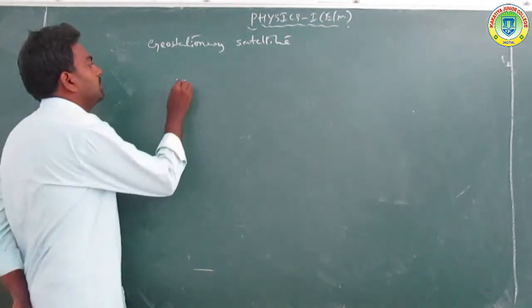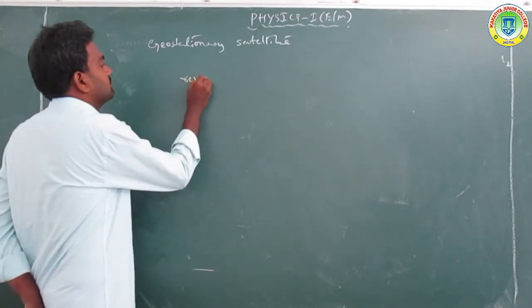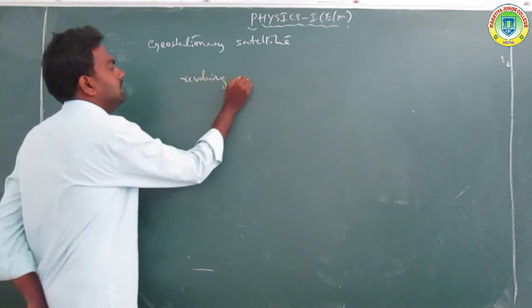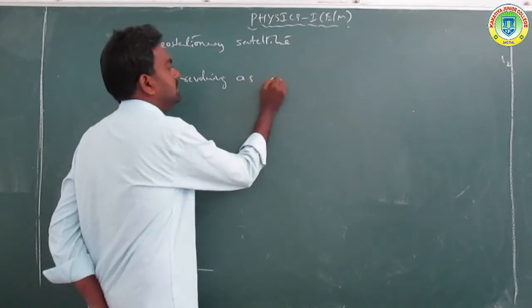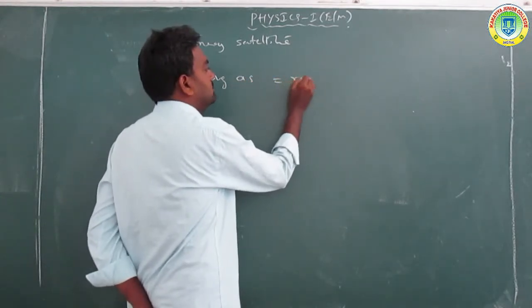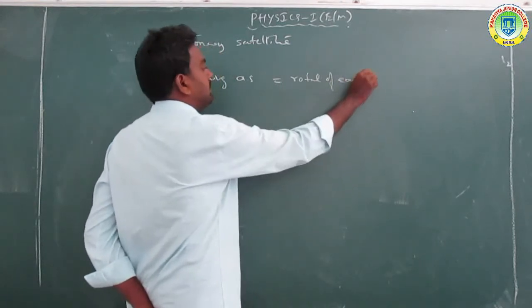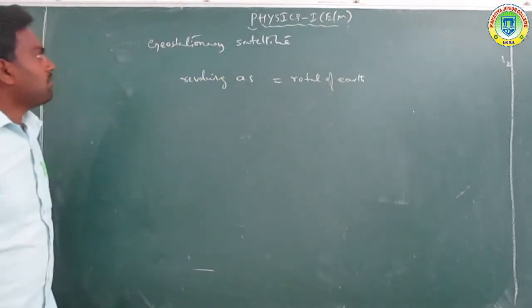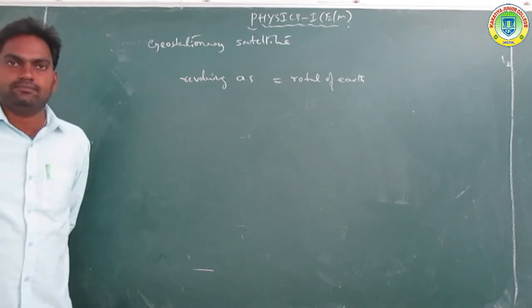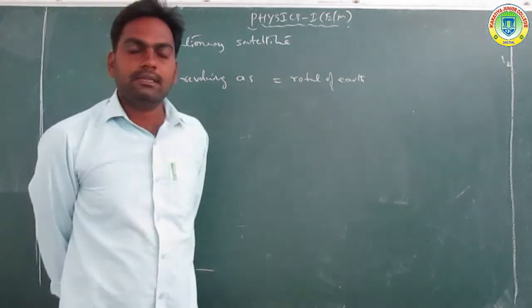The revolving of the artificial satellite is equal to the rotation of the earth. That is called a geostationary satellite.